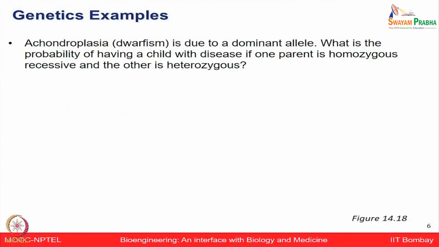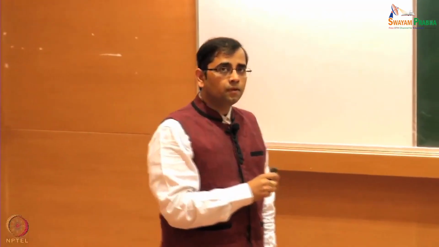Another disease, which is achondroplasia, a type of dwarfism. In that disease, if one of the parents is homozygous recessive and the other is heterozygous, please do that. And you can use any of the nomenclature for doing these particular types of crosses.